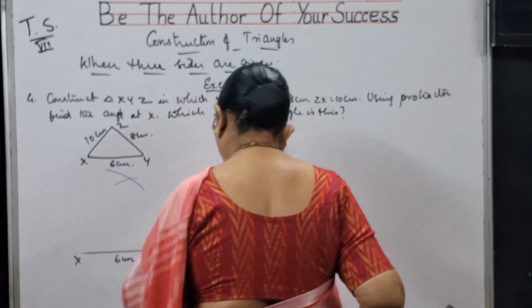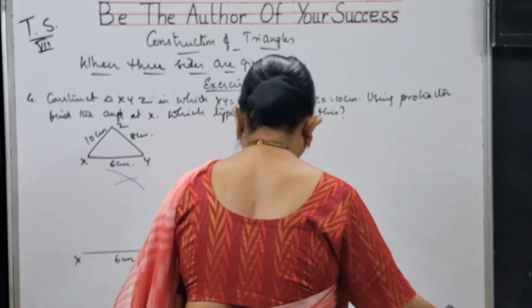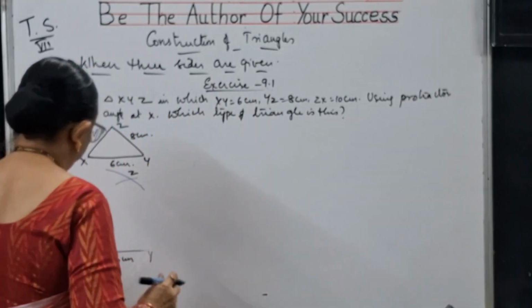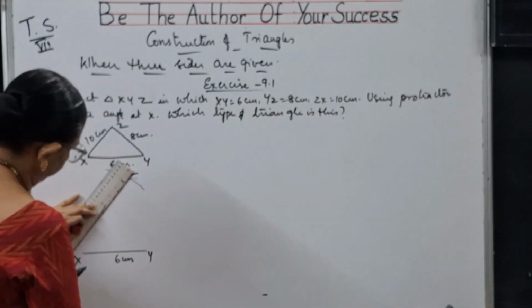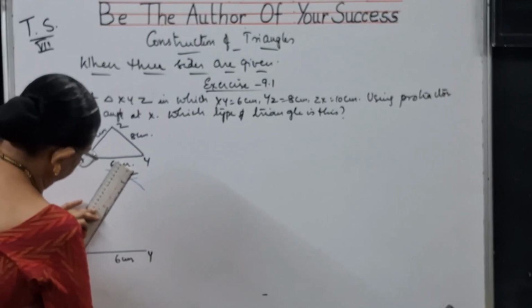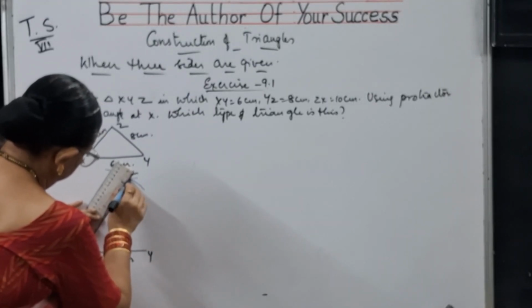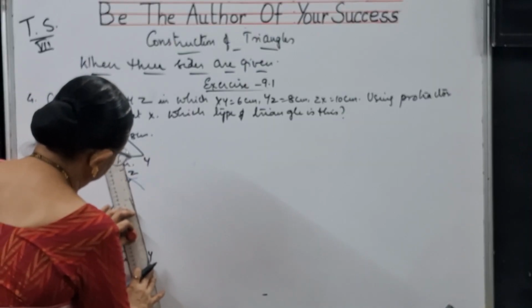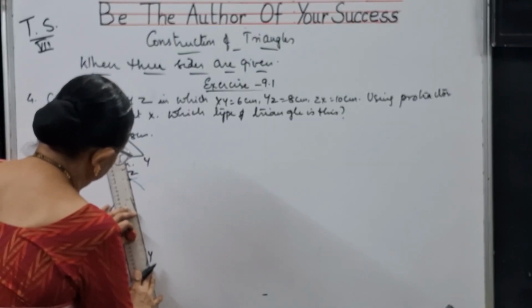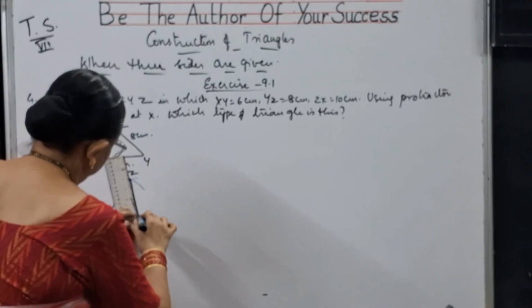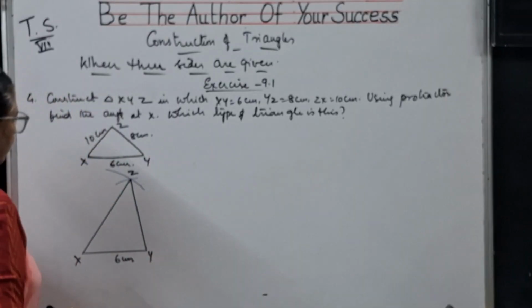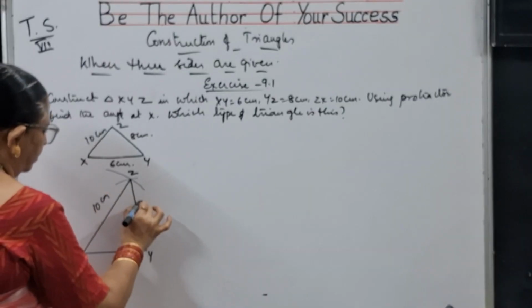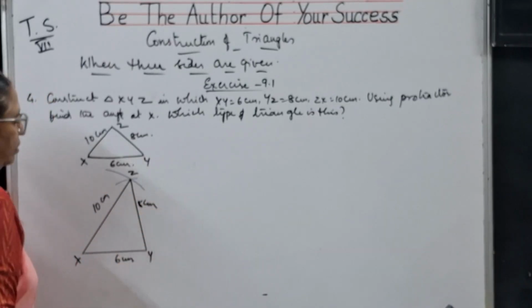So, these two arcs are meeting at a point. This is Z. Now, join XZ and YZ. So, this is 10 centimeters, 8 centimeters, 6 centimeters.